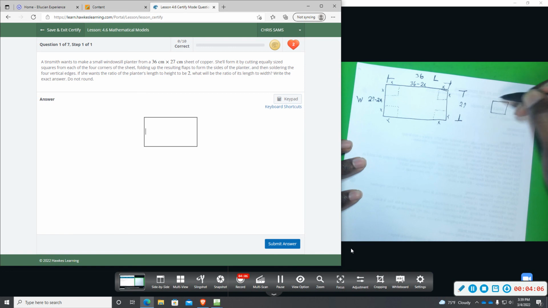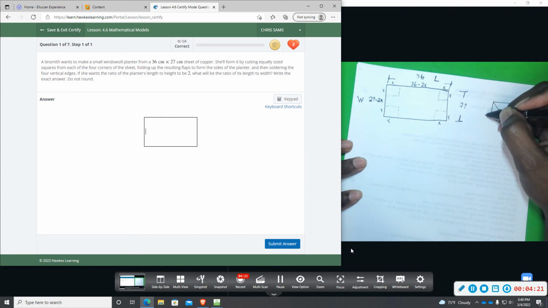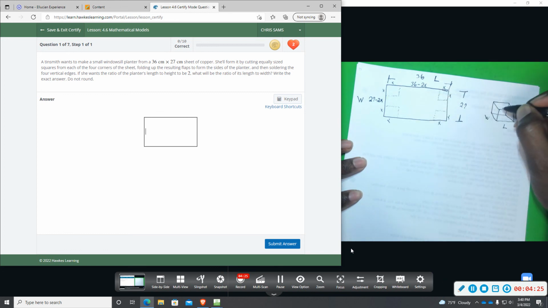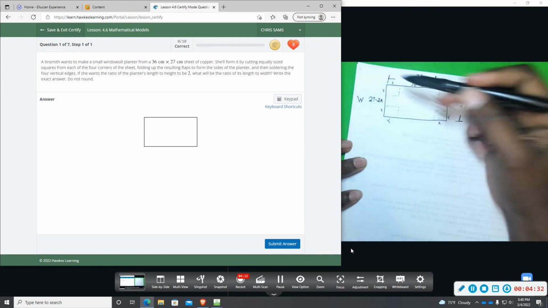You're going to be folding in these sides, and it's going to make something like a box, where we have length, width, and then the height is coming from those corners. So this height is going to be x. It's the height of x.